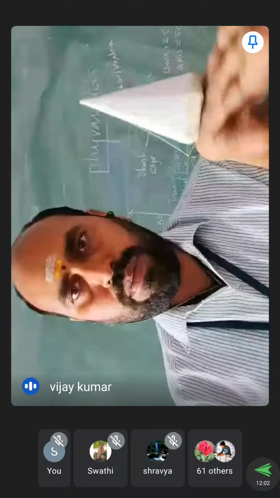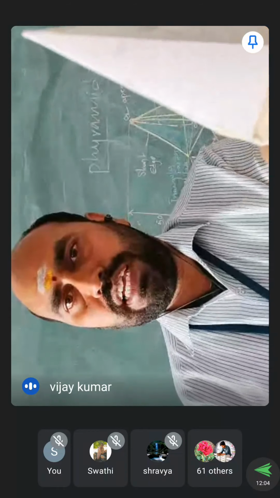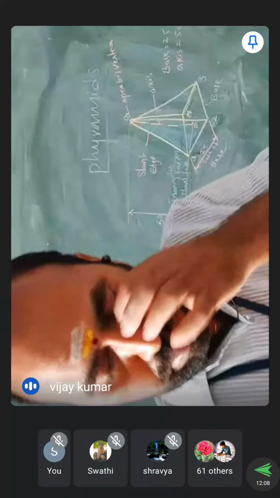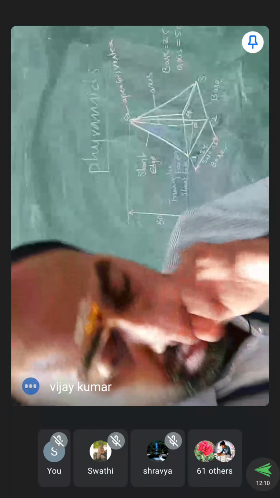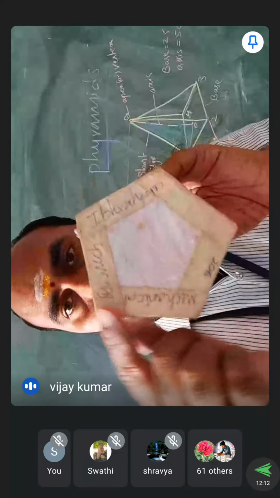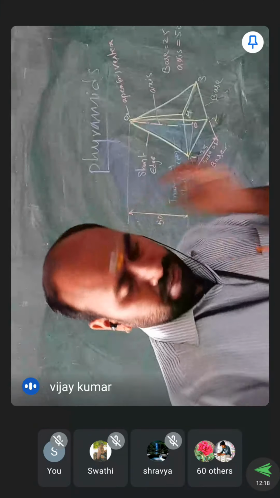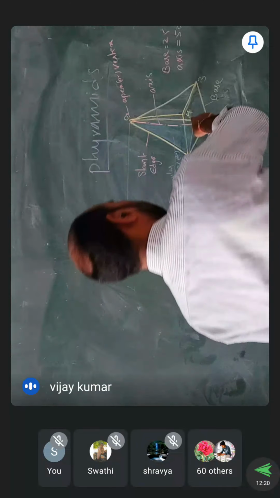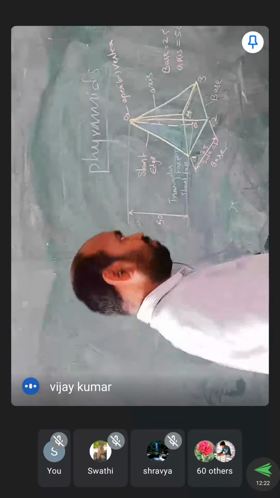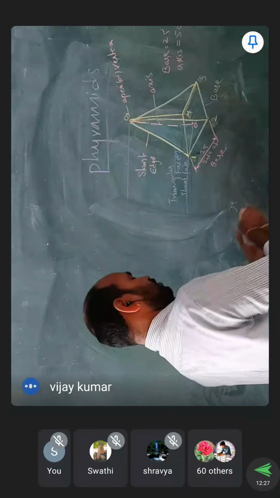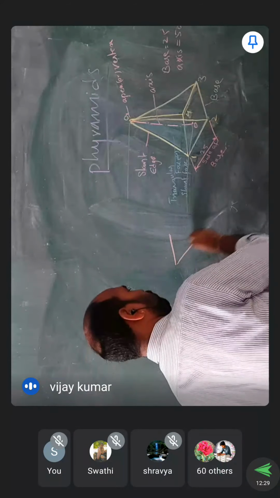So this is called a pyramid. We are taking this pyramid as an example. How is this? It is in pentagonal shape. So it is a pentagonal pyramid. You can see the other diagrams of pyramids. So it is a square pyramid, and you can see, I'll show you, it is a pentagonal pyramid.